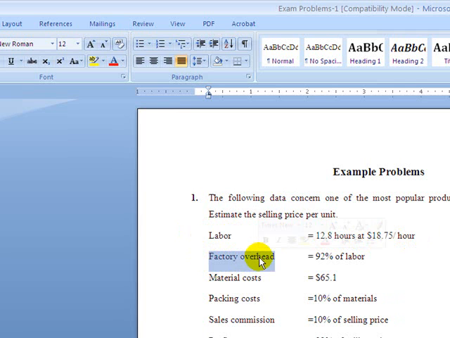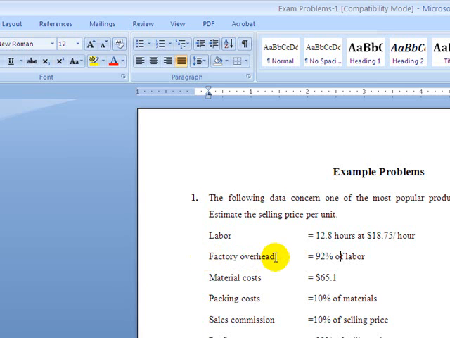Factory overhead is basically for salaries of administrative people, engineers, managers who are not directly working on the part, but their salaries also need to be considered while you calculate the cost of the part. So factory overhead groups all the different sorts of cost and salaries that you cannot directly apply to the part.